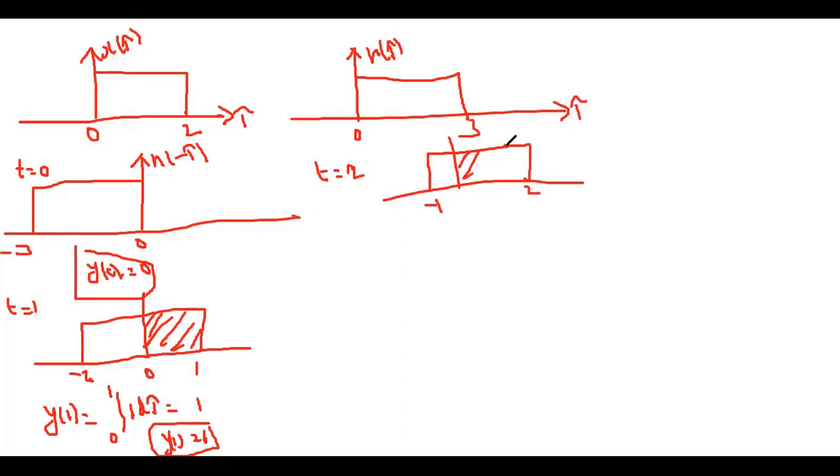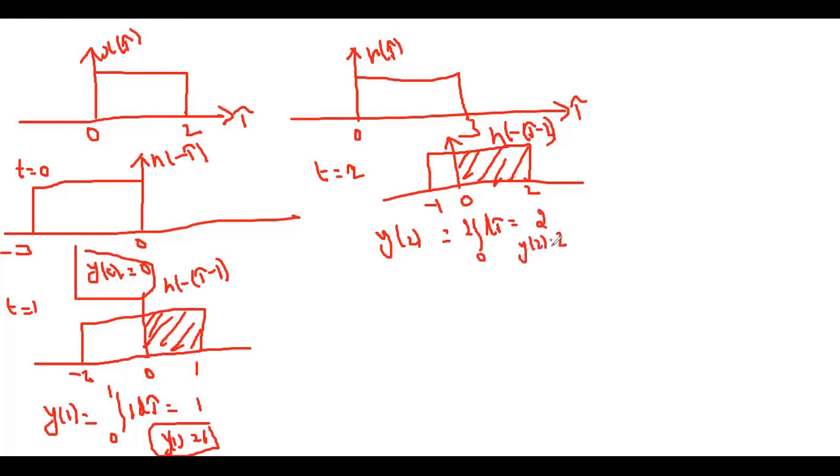So overlapping occurs from 0 to t, 0 to 2, for h of minus tau minus 1 and h of minus tau minus 2. So y of 2 is equal to the integral from 0 to 2 of 1 d tau. So the value is 2. y of 2 is equal to 2.